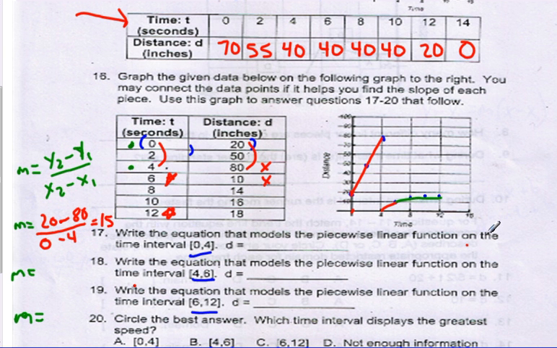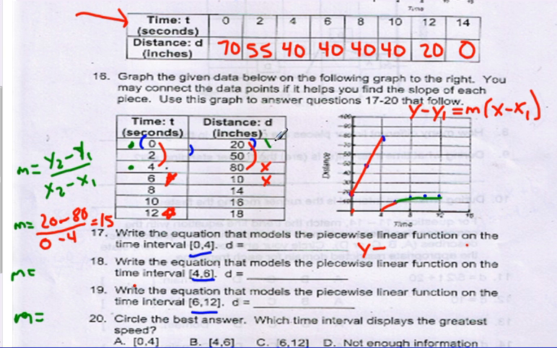Well, now I still have to write my equation. To write your equation, write this. This is point slope form. You're going to use y minus y1 equals m times x minus x1. You can choose a point, it doesn't matter which one.